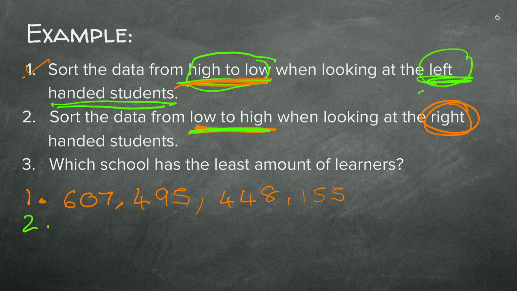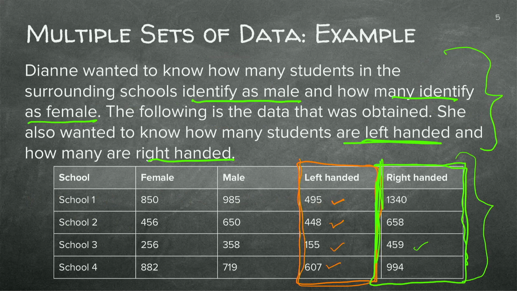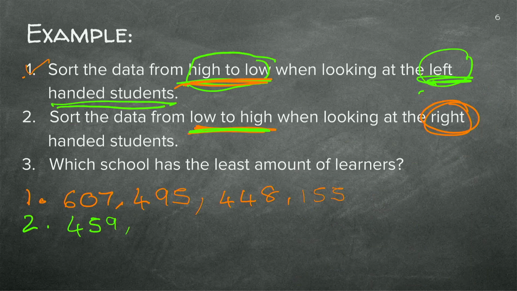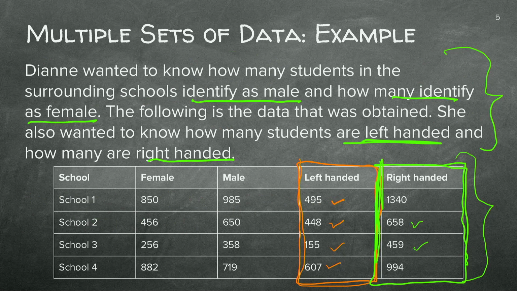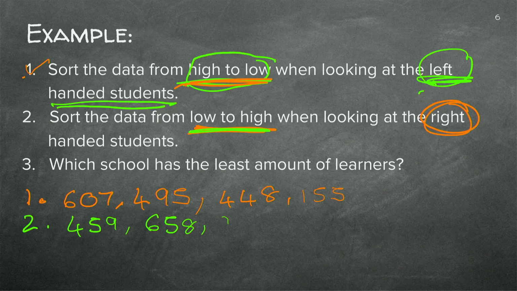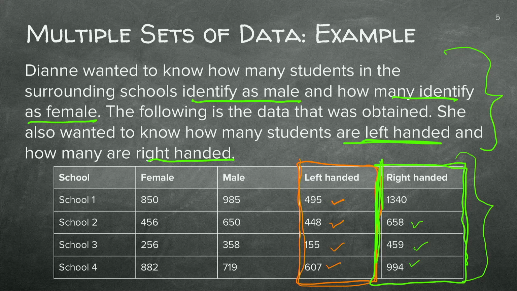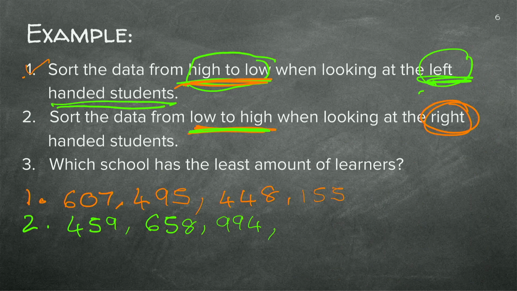So let's just start off with that, 459. Then moving on, we have 658. Then we have 994. And lastly, we have 1,340. So, second question done as well.